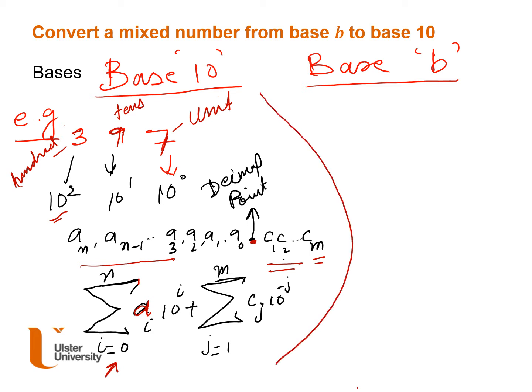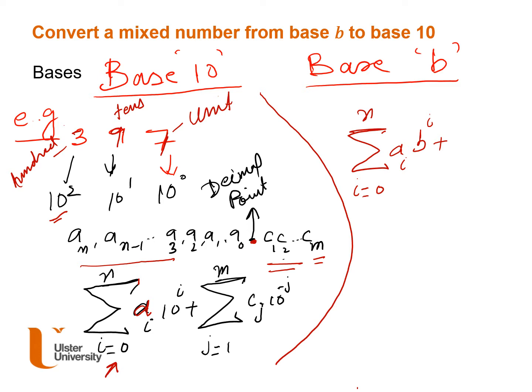Similarly, when we talk about base b, it means we need b digits in a base b number system. The general formula for base b would be the sum for i starting from 0 till n of a_i times b to the power i.